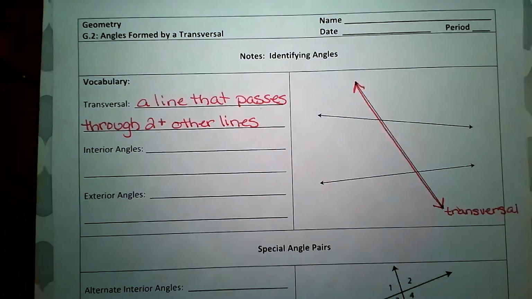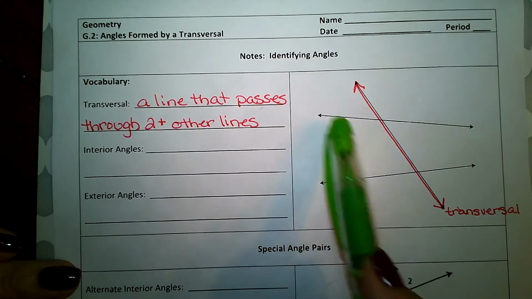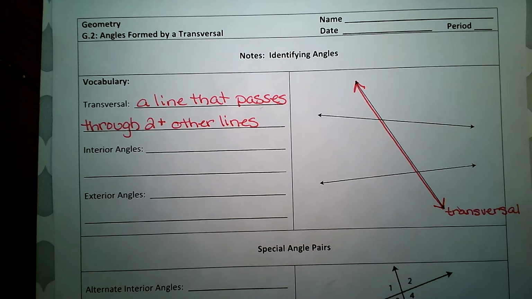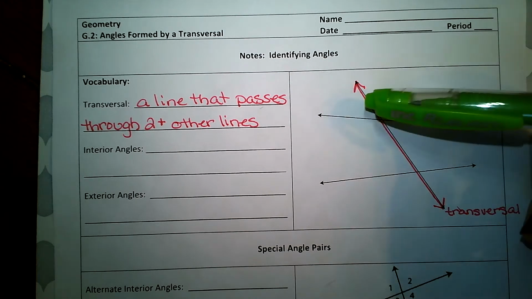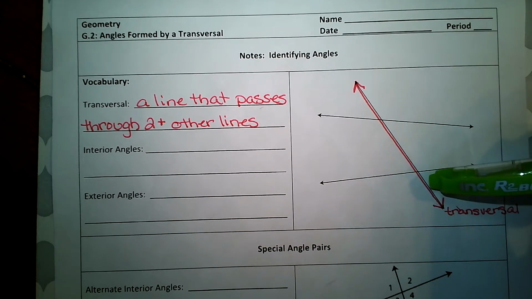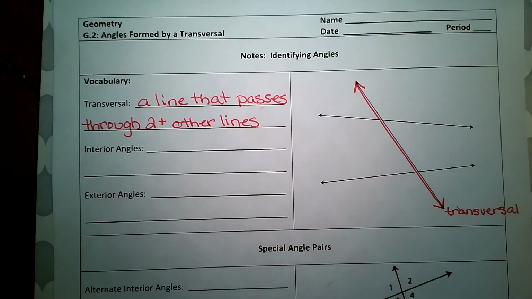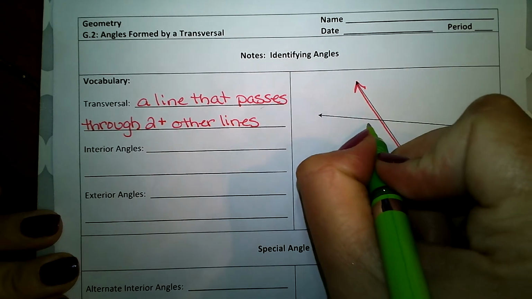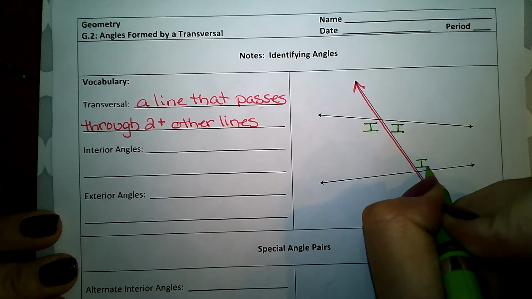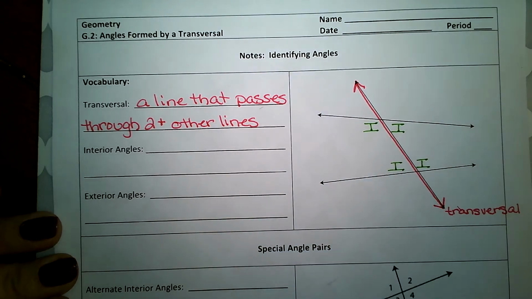Once you have this set up, 2 lines with the transversal, it creates a total of 8 angles. Check that out: 1, 2, 3, 4, 5, 6, 7, 8. 4 of these angles are considered interior, and that's these 4. I'm going to put a capital I for interior on these 4 angles. These angles are between the 2 horizontal lines.